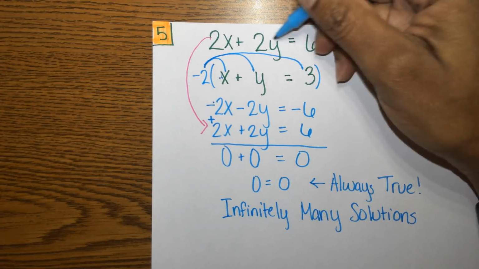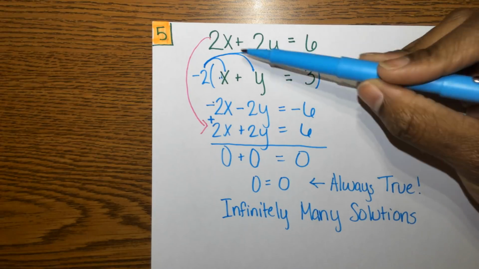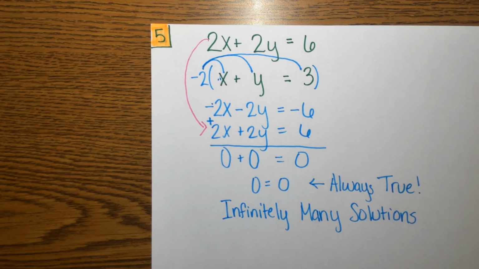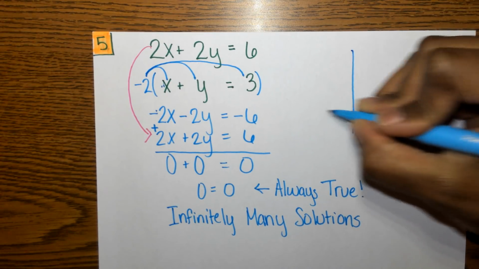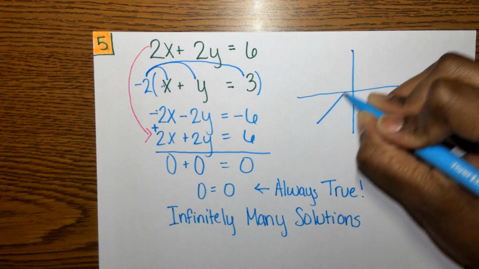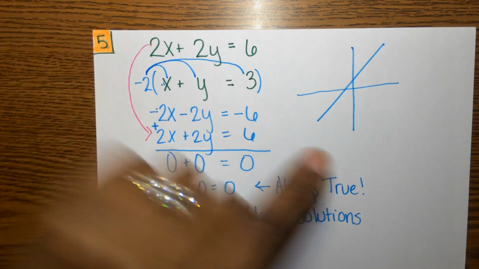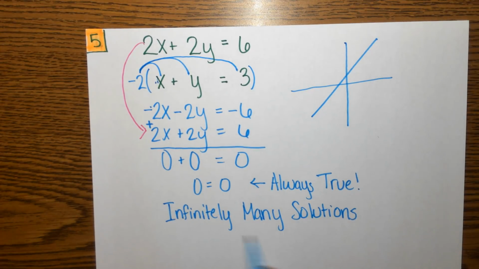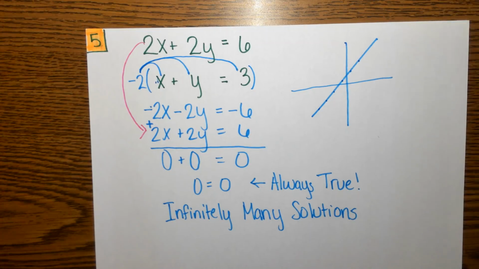It doesn't matter what I plug in for x and y, I am always going to have this same line. Now when I have infinitely many solutions, that means if I were to look at a graph of the two, it would just be one line. I don't have two different lines here. These two equations make the same line. So that's why there are infinitely many solutions, because every point on the line is the same.